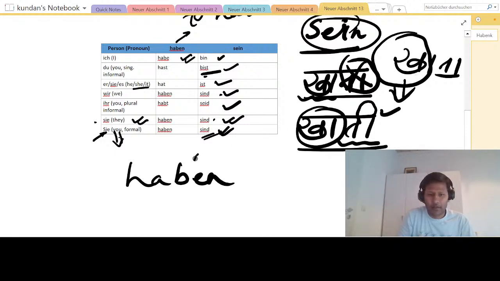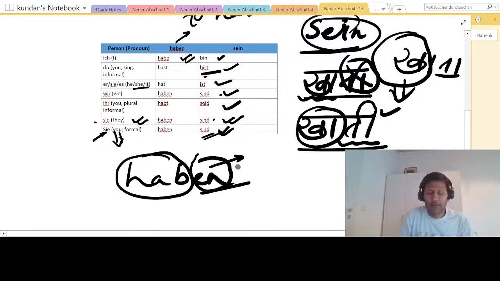Here we remove the last part and keep this, then do the conjugation. But because this is irregular, it may not follow the rules every time. I have not discussed the conjugation in detail for other verbs, so I'm just recapping for now, and we will see the conjugation of 20 to 30 verbs in the next class. But in this class, just memorize the conjugation part.